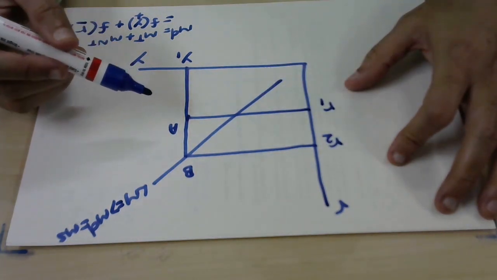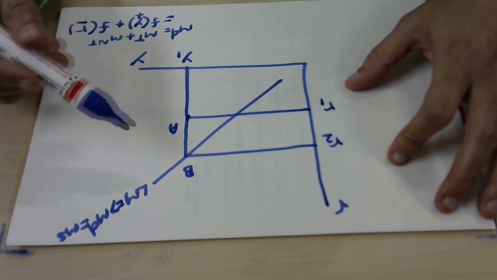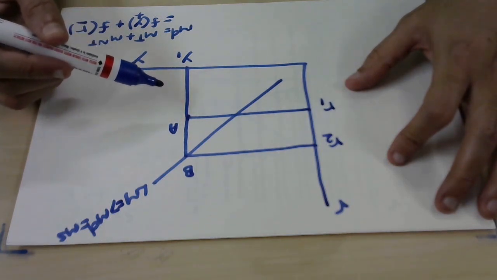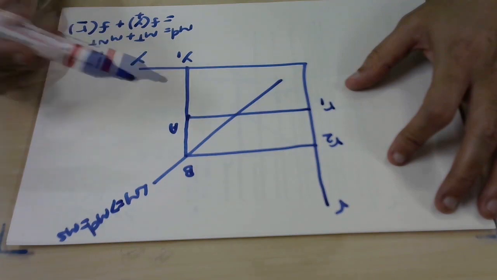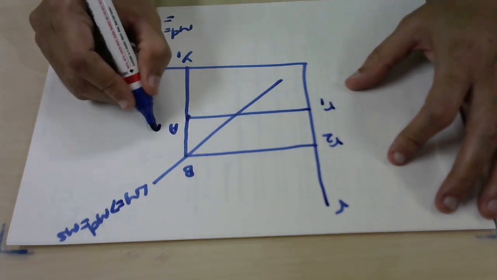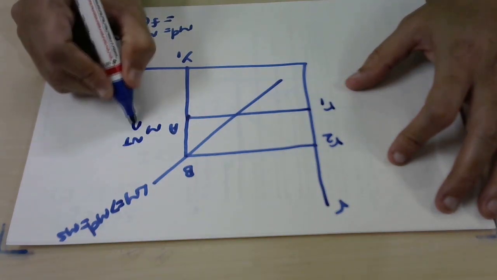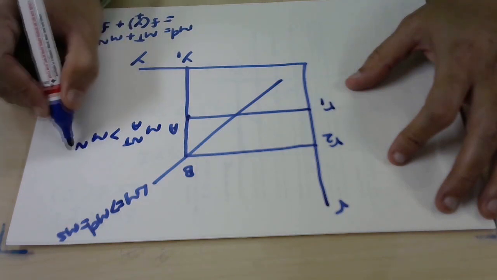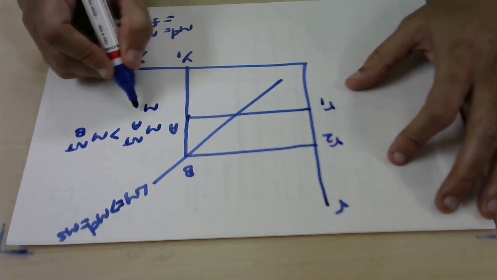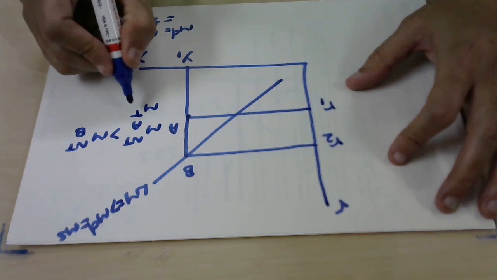And because the non-transaction demand for money is inversely related to the interest rate, here at point A, money demand for non-transaction purposes at A will be greater than at B. Nothing has changed for the transaction demand for money because both A and B correspond to the same level of income.